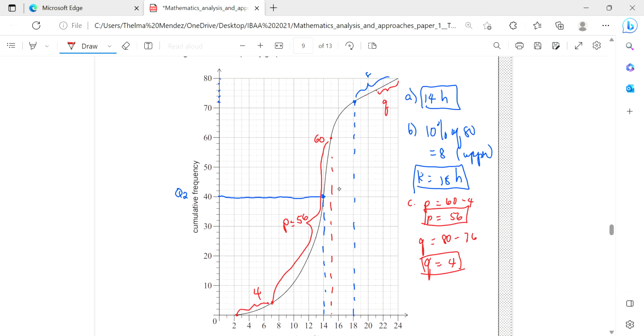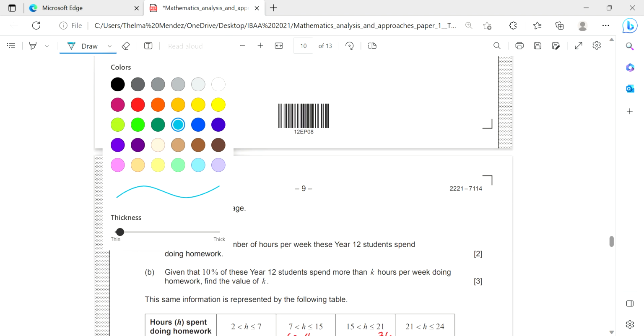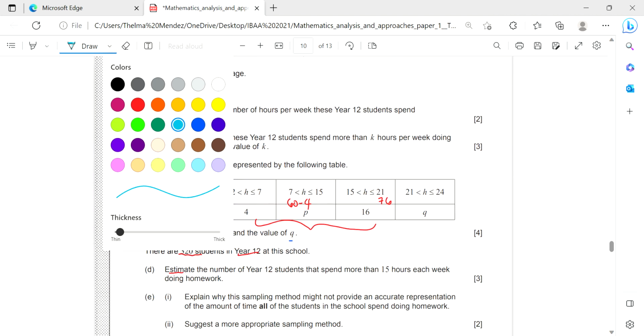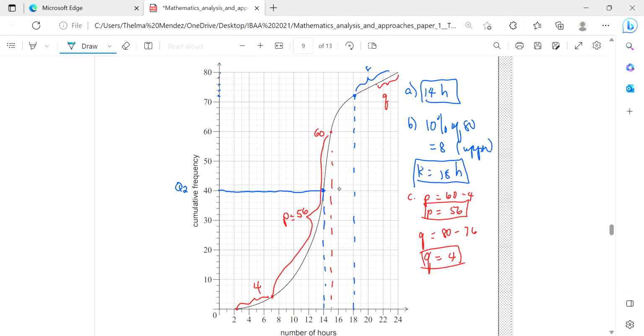So let's find out how many out of 80 are doing more than 15 hours. More than 15 hours. So 15 is here. From this point to this point, there are from 60 to 80.